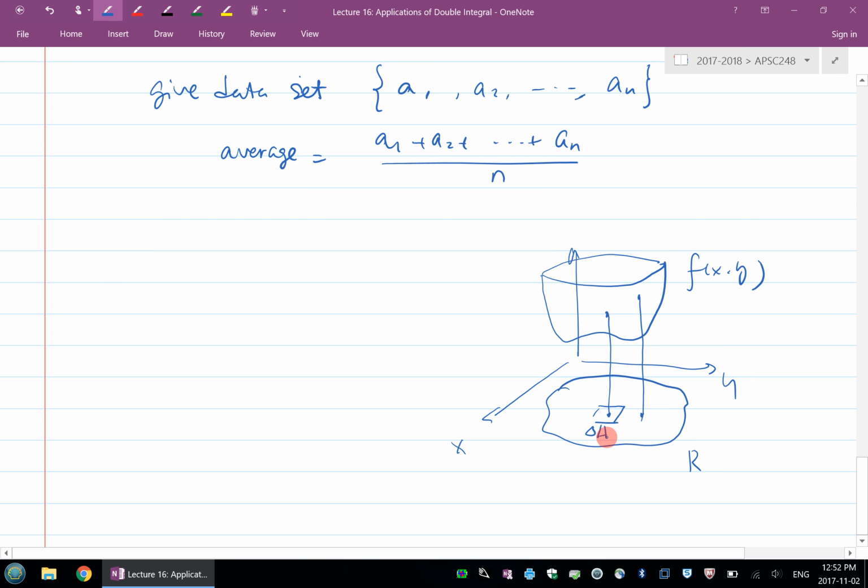Basically, instead of finding an infinite number of heights, we're going to section this region R into many small patches. How many? Maybe there will be n number of delta A. So I'm going to let this f of x, y be the height.